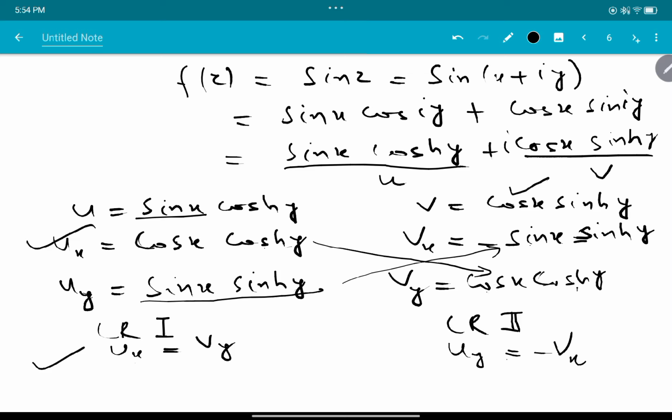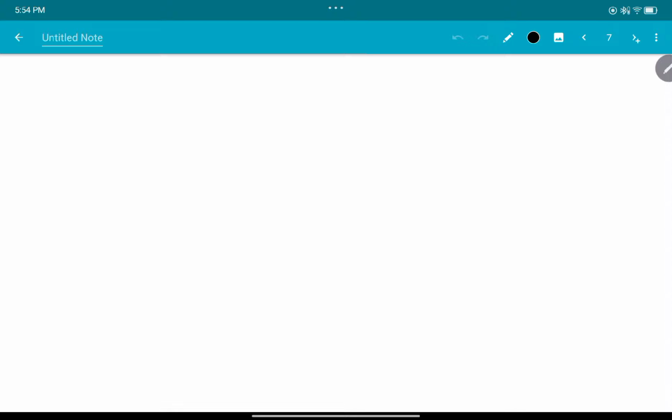And what is the derivative then? Can you calculate the derivative? Yes, why not? We want to calculate f dash z, where f z is equal to sine z, and you want now f dash z, the derivative of this.